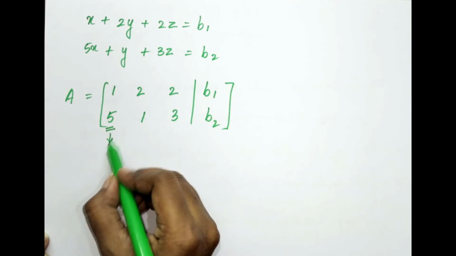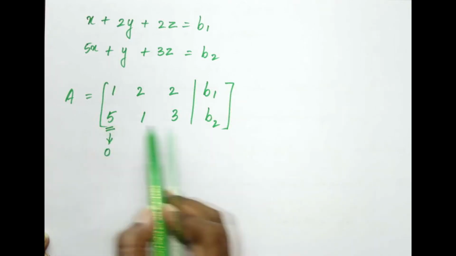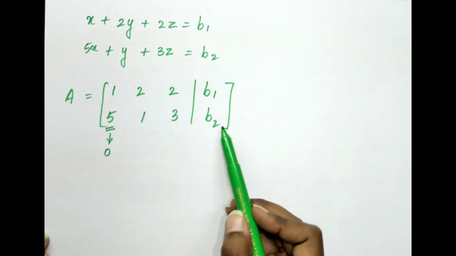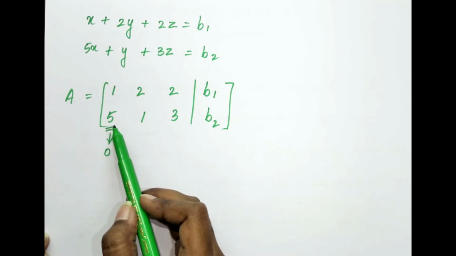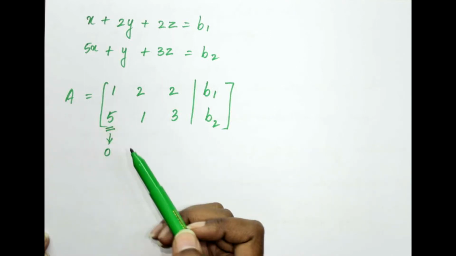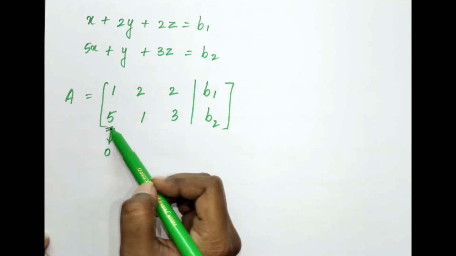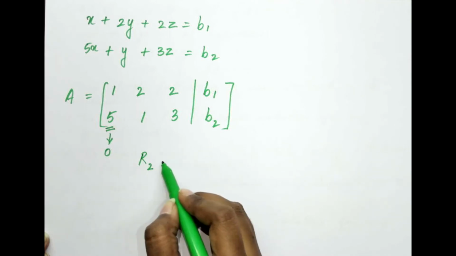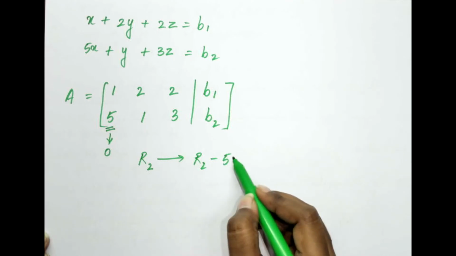We have two rows, R1 and R2. Concentrate on row R2. To make this element 0, we do R2 minus 5R1, utilizing the element right above it. So the new row R2 is R2 minus 5R1.